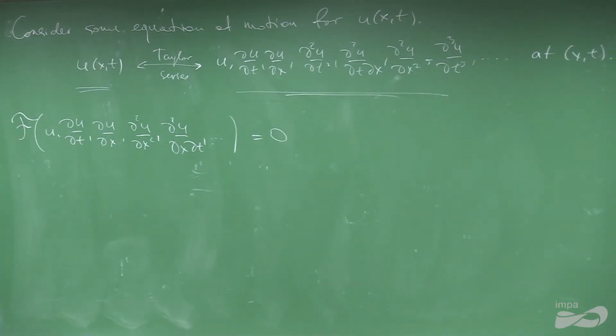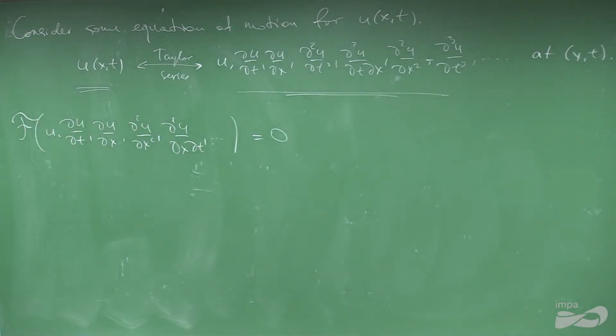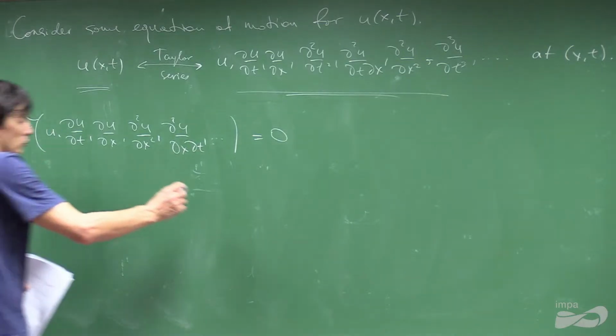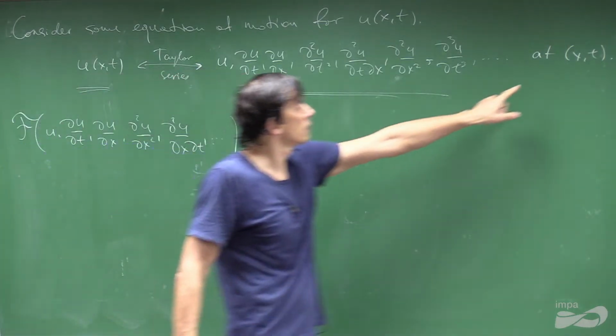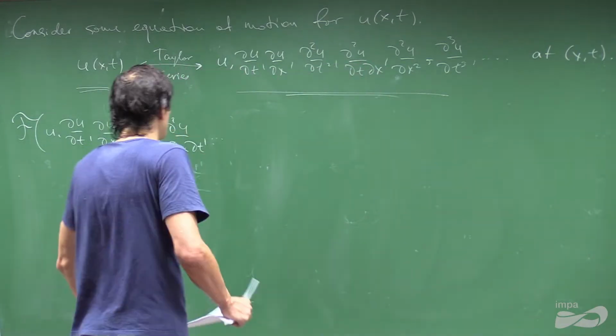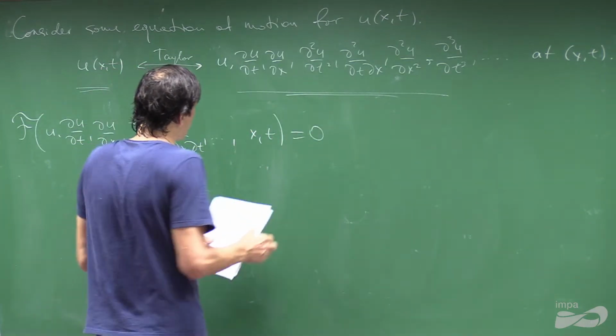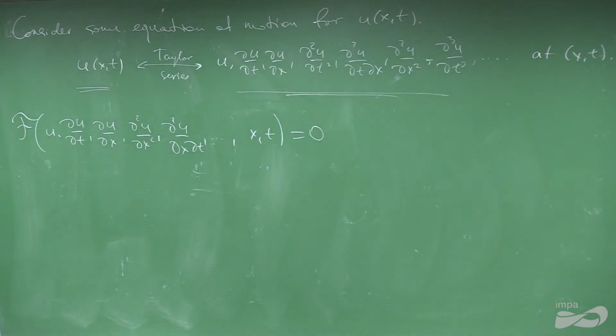So every equation, you can put everything on the left-hand side and write equal to 0. We took this equation at point x and t, so this equation can also depend on x and t, at the point where we computed all the derivatives.